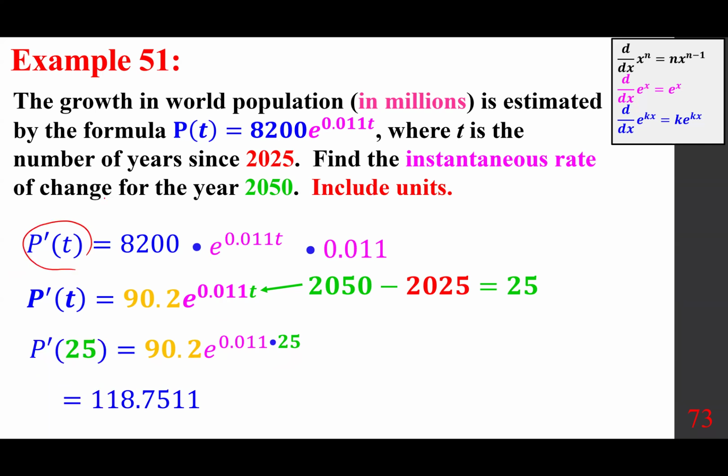This means dP/dt, change in population over change in time. Population is in millions, so million people per unit of time, which is per year.